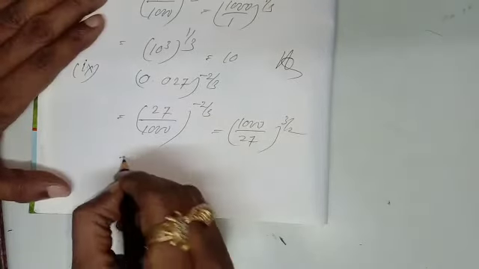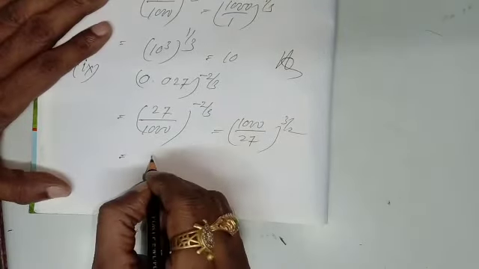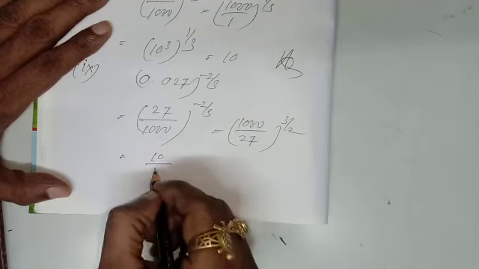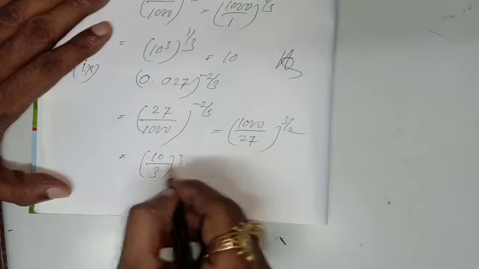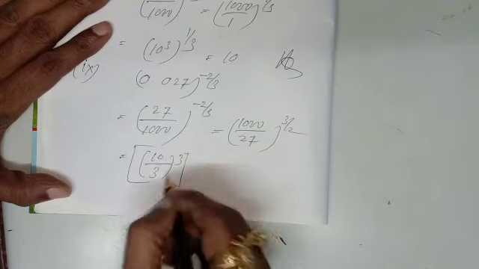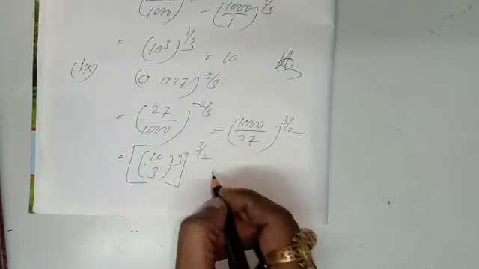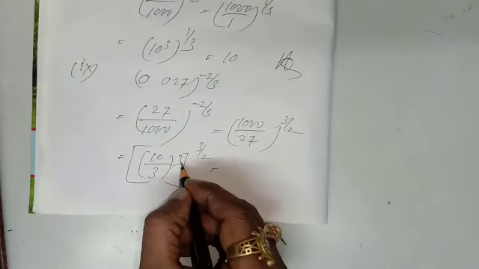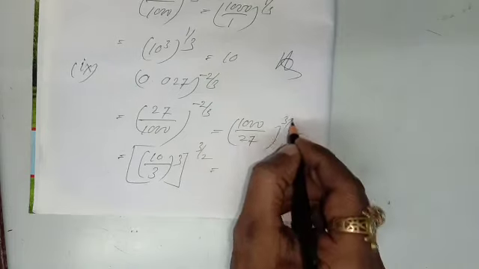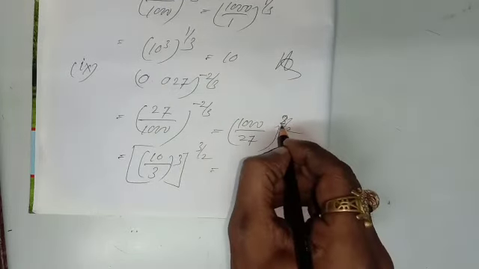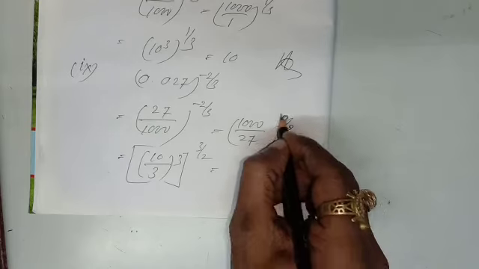After that, 1000 means 10 whole cube and 27 is 3 whole cube, that means 10 by 3 whole cube, whole to the power 2 by 3. Sorry, the question is given as minus 2 by 3, I wrote it slightly wrong.